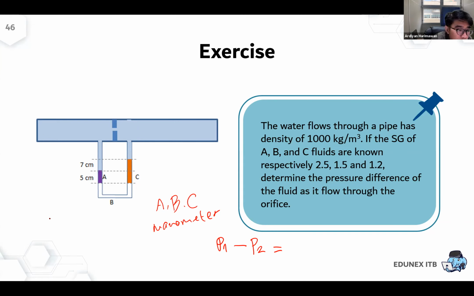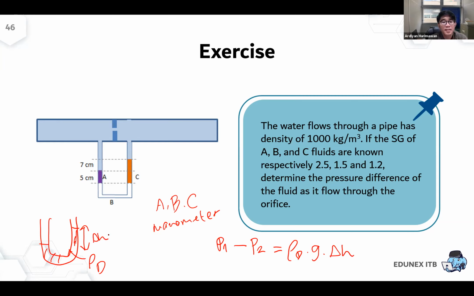So if you have the same manometer, right? For example, this is the manometers, and you only have this one fluid. P1 minus P2, let's say this is fluid D, but only one fluid, will equal this one, right? Delta H will be this one.